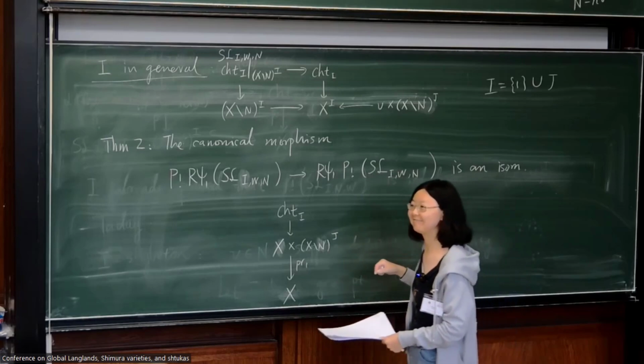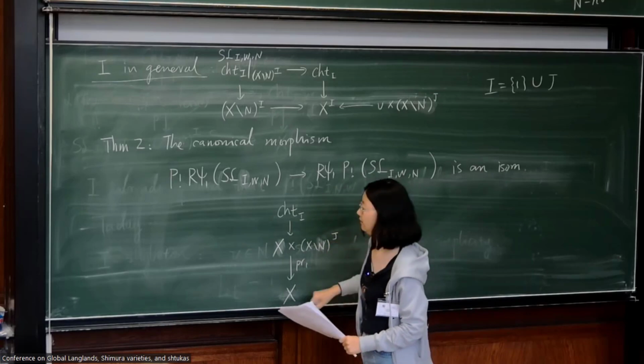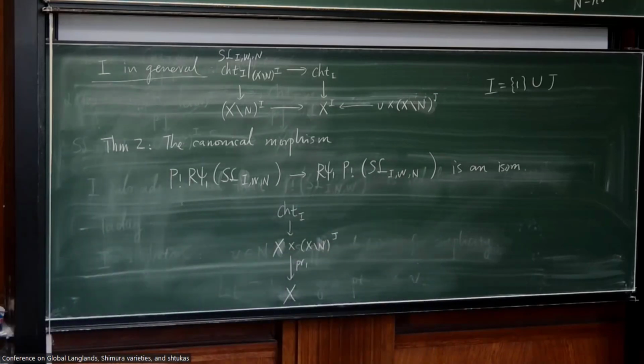But you will see the proof works for higher nearby cycles. If there are no other questions in the rest of the time, I will give a sketch of the proof.